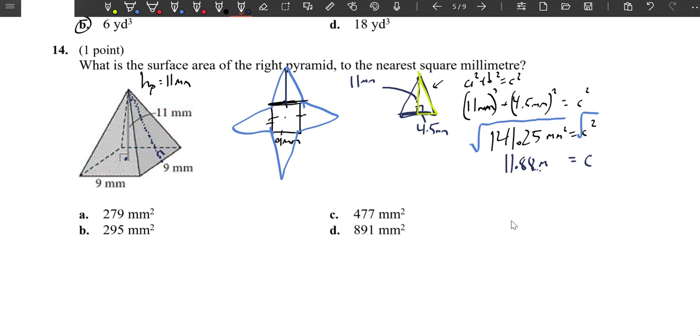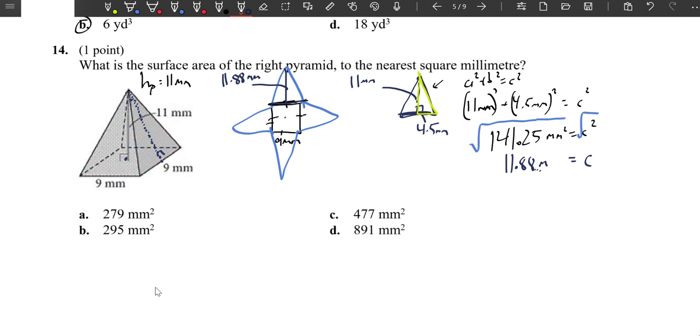So now we know the height of the triangle. So for the height of the triangle, this one right here is 11.88 millimeters, and we know the base of the triangle, which is 9.